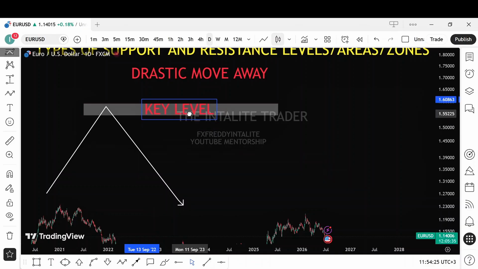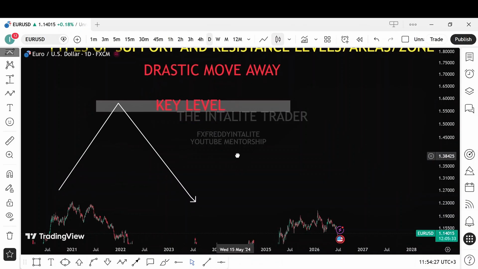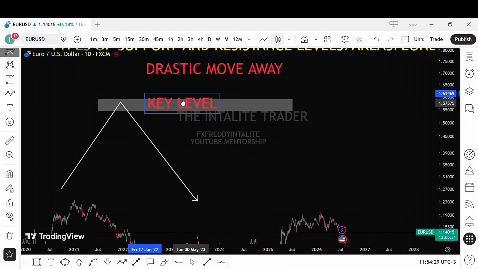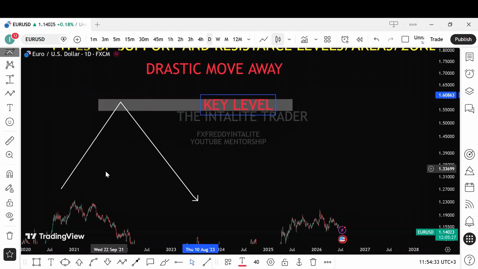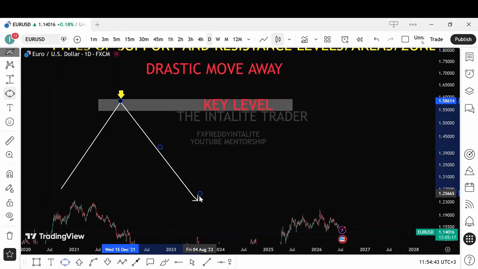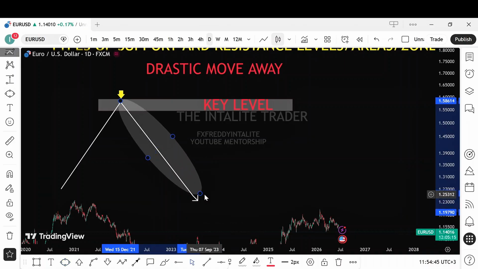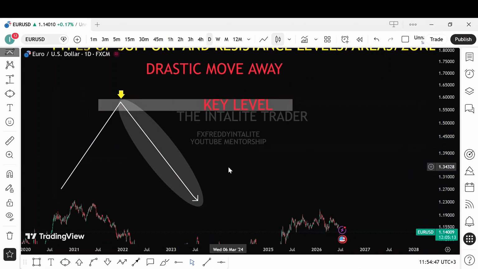So you mark the key level and then you have price come into your key level. This is price. Then it reacts to the level. So this move here, this is a drastic move away.